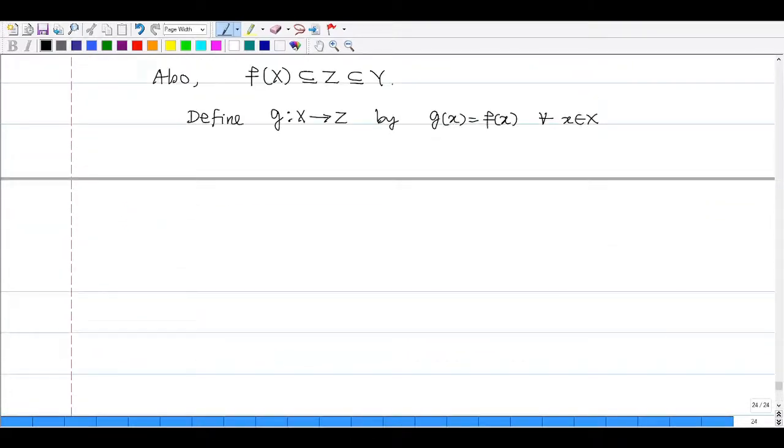Claim வந்து என்னது அப்படின்னா, to prove that g is continuous.